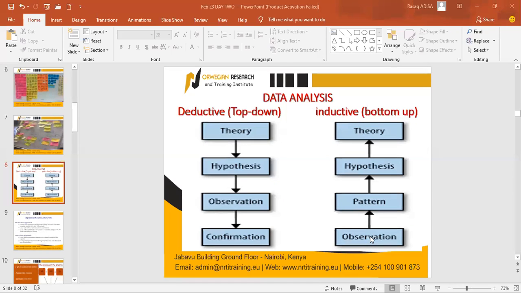You go out, you gather data, then it is the data that will form the pattern. That is the coding: open coding, axial coding, selective coding. So the coding will form patterns. So the patterns are generated from the data you have collected from the field, not from anybody, not from theory, not from literature. From the pattern, you can come up with an idea.